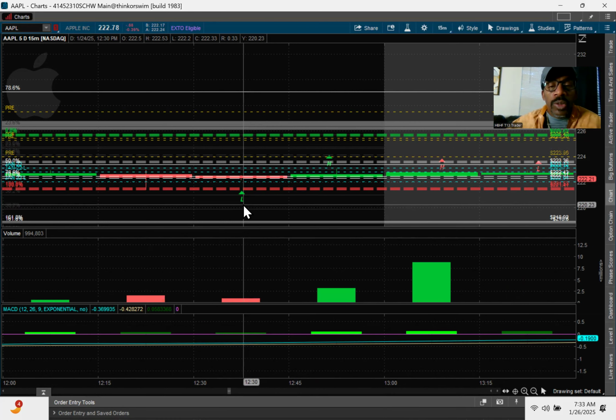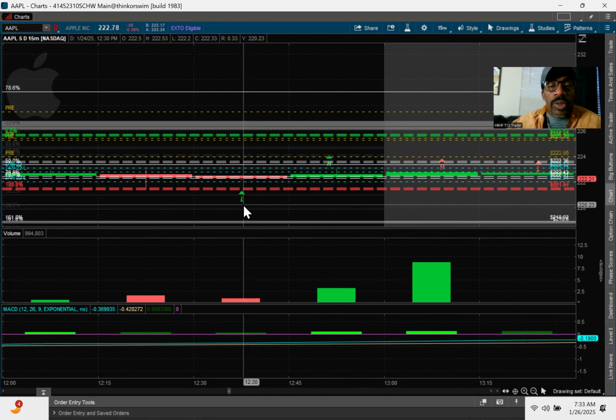Apple has, let's see, let's go to 5 minute too. Apple has formed, closed on support, yes, on Friday, where it began an uptrend, and then highs, and then we've got establishment of lows.